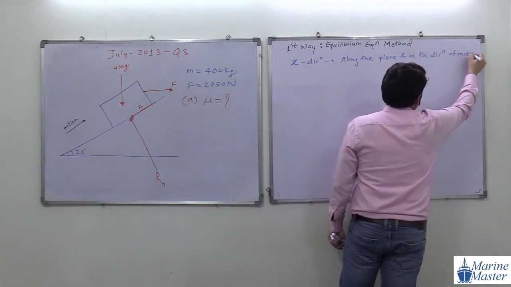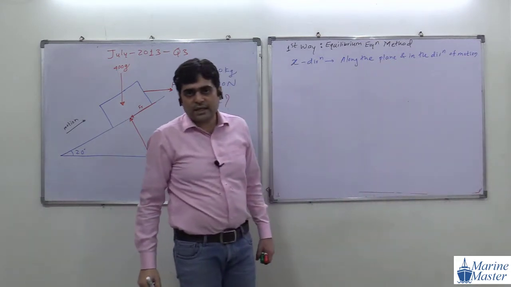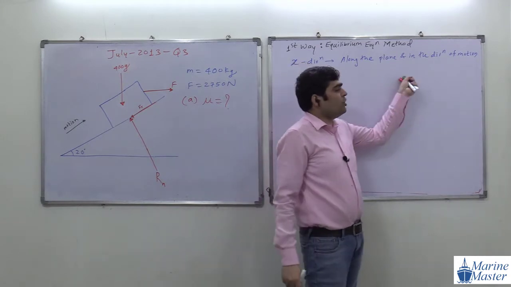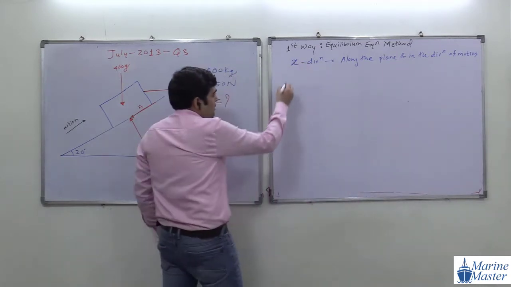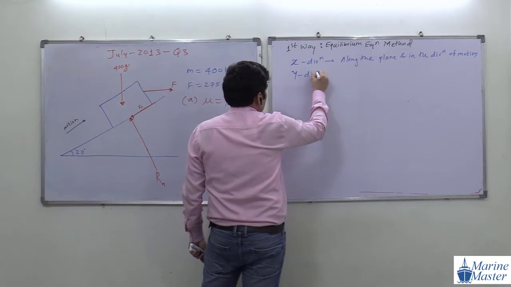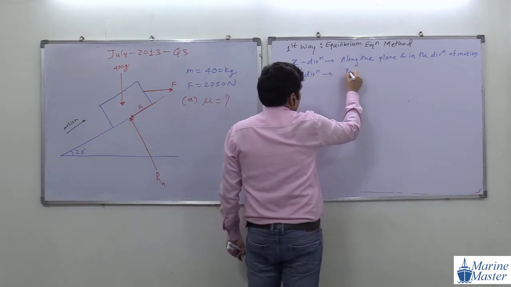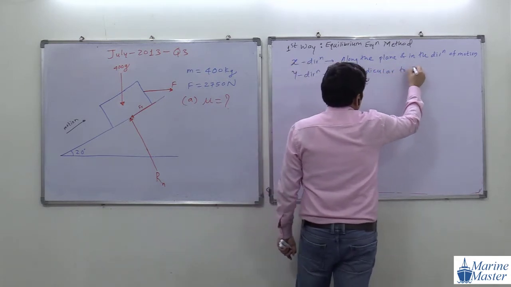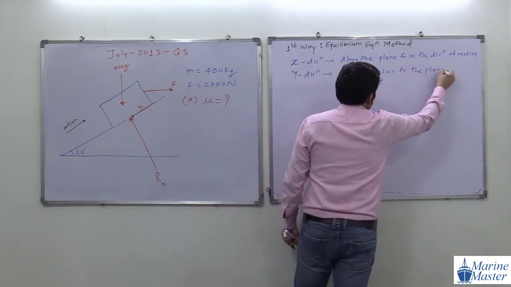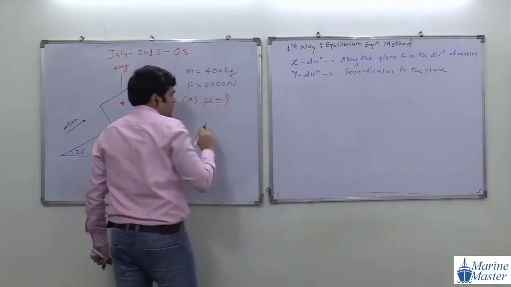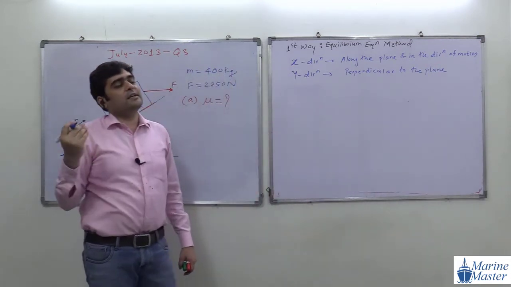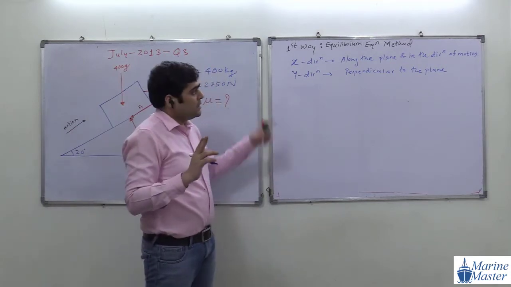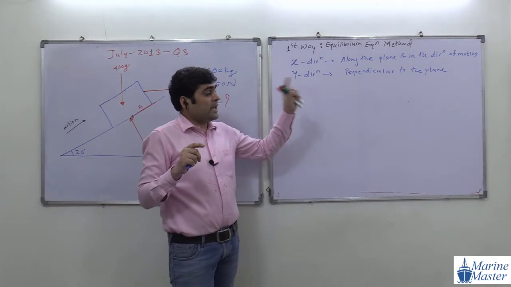And the y direction is perpendicular to the plane. We can't take the x direction horizontal and the y direction vertical. So x direction along the plane, y direction perpendicular to the plane. Not only along the plane, in the direction of motion also.